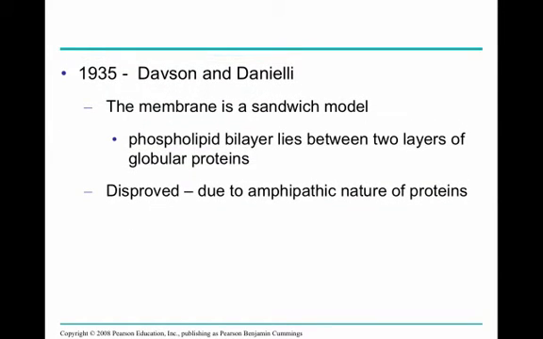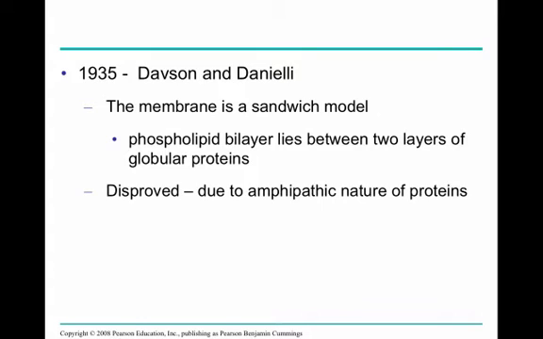So two major experiments or pieces of research were done to try to describe the structure of the membrane. The first one was done by Davson and Danielli in 1935, so again, well before electron microscopes. Their first proposition was that a membrane is like a sandwich, with the phospholipid layer being sandwiched between two layers of proteins.